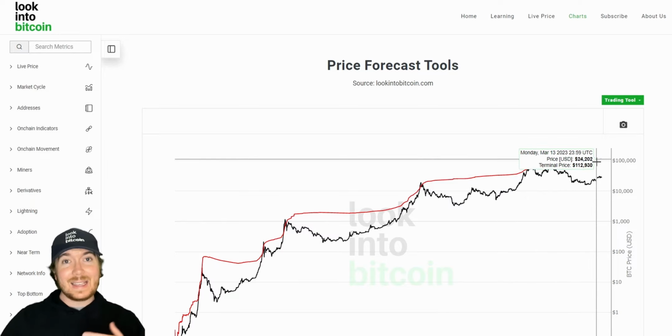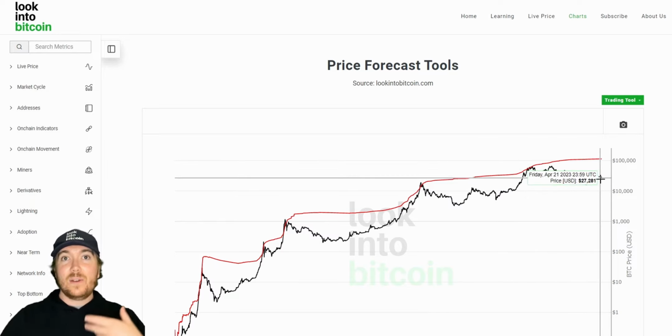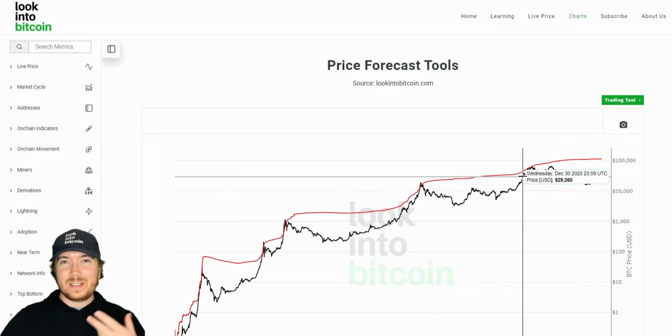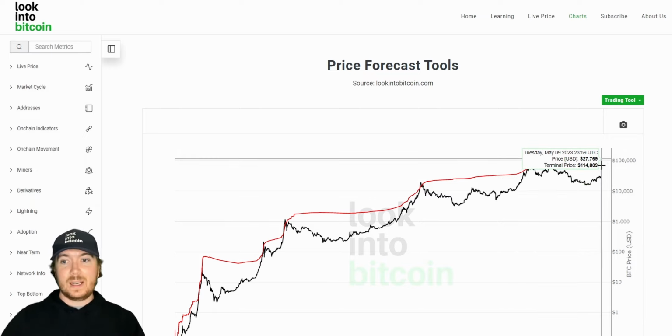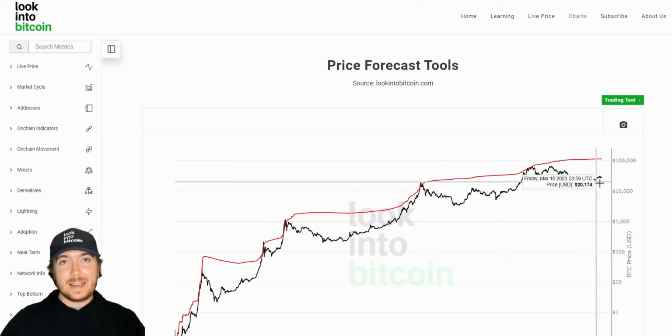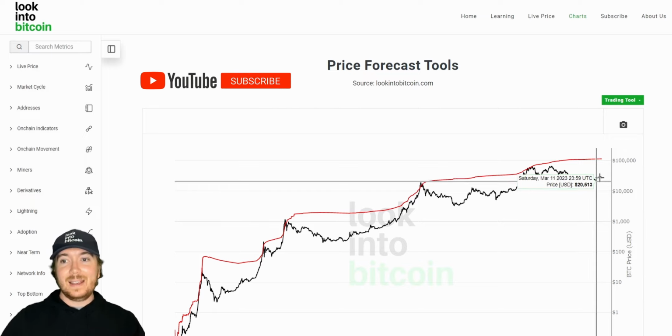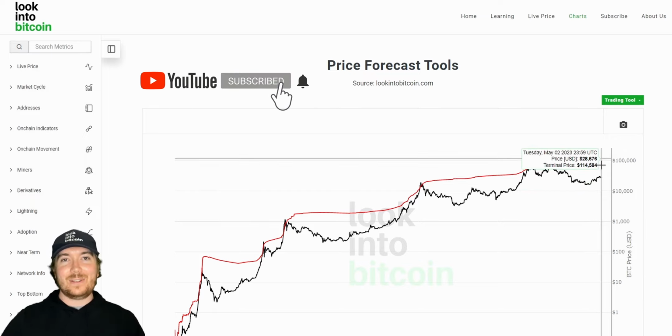So as this starts to increase, as Bitcoin starts potentially catching up to this terminal price, we might see convergence, and when they cross, this is usually a good indication. But like we said, this has a lot of room to go to the upside once it takes into account the later stages of a Bitcoin bull cycle.